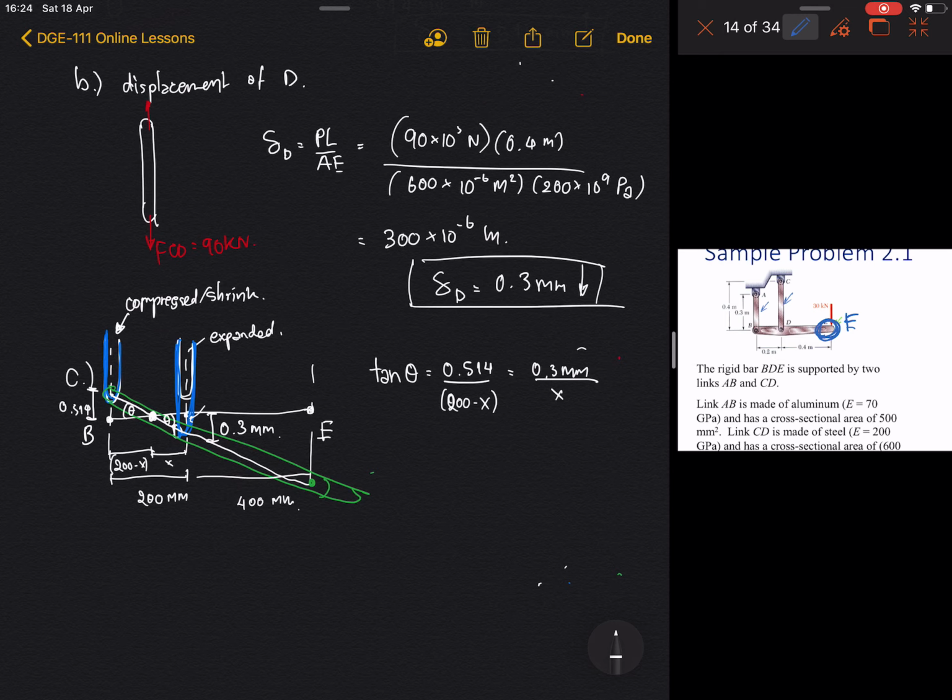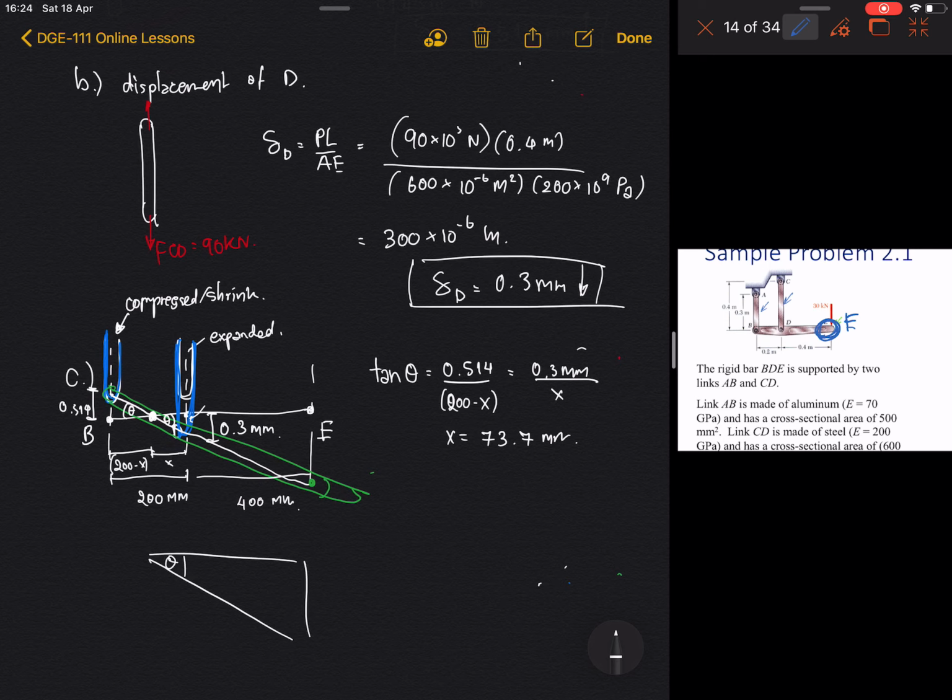And then when you solve for x, you will get x equal to 73.7 millimeters. Now you know x already, so from this you can use this kind of triangle.